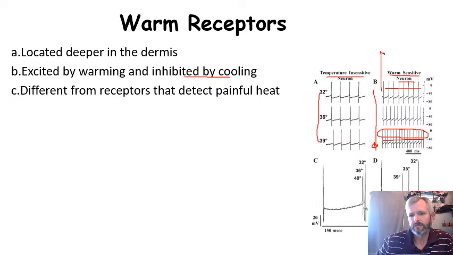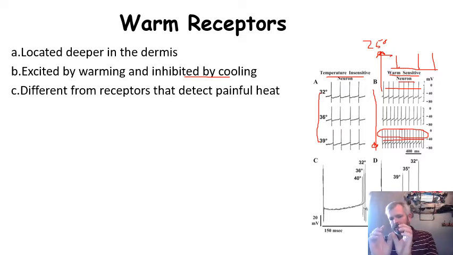As we get into cooler ranges, this frequency will drop even lower, maybe when we start getting down to 25 degrees. But they are these TRP, transient receptor potential channels, that respond and open, allowing those ions to move through.